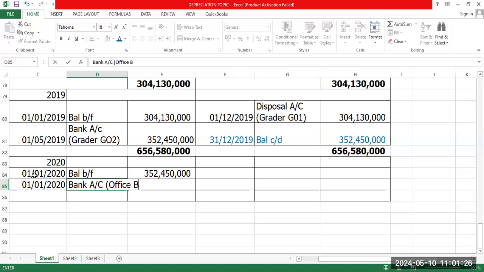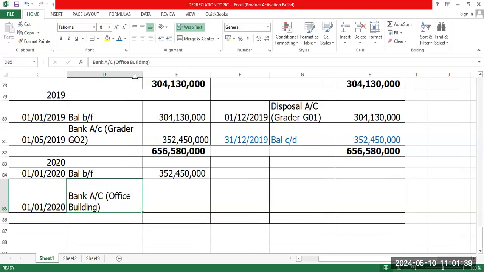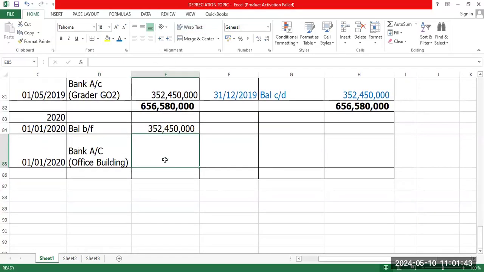Office building. Okay. The amount is how much? 90 million. The cost we were basing on to get depreciation. That's the cost you record here.